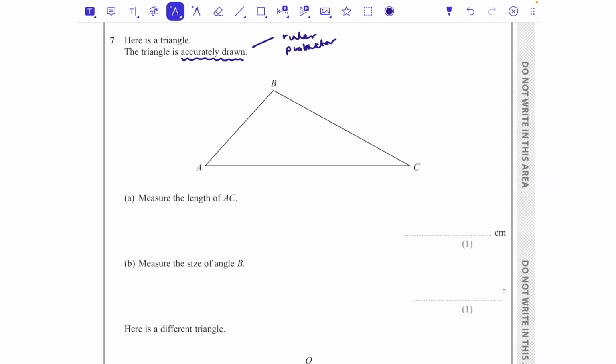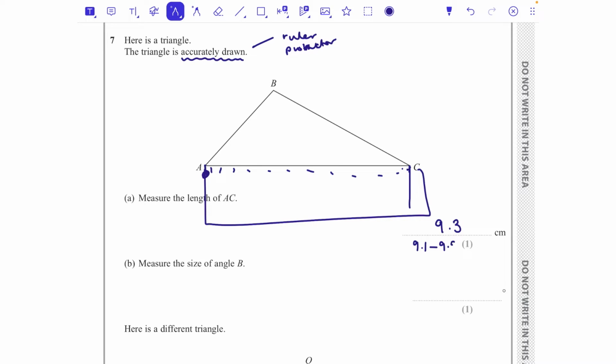Okay, so measure the length of AC is this line from A to C. So you're going to get your ruler, pop it there, and make sure that 0 is on one end, and read along until you get to C. 9.3 was the correct answer, but they did allow anything from 9.1 up to 9.5.